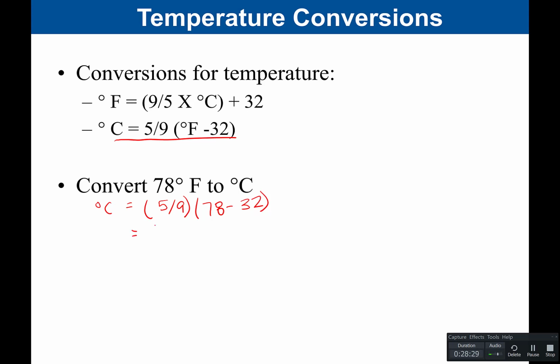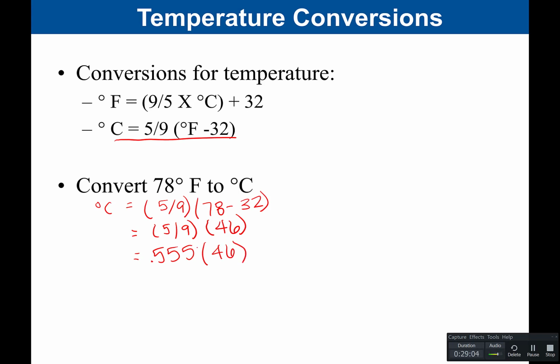So this is equal to 5/9 times 46, which is equal to 0.555 times 46, because if you divide 5 by 9, you get 0.555.